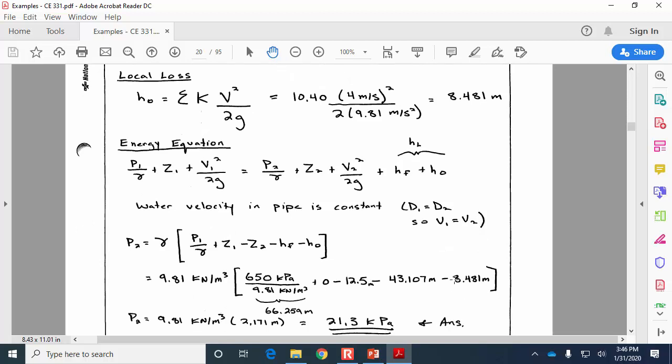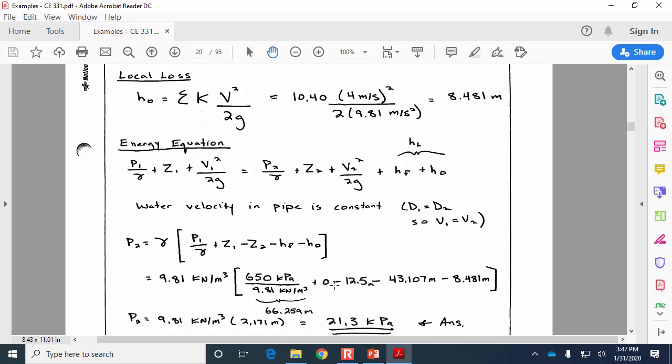And so if you think about, like, what is going to be the pressure at location 2? It's going to be related to the pressure that there was at 1. So this is how much you've got to start with. And so the pressure is going to be lower downstream because, number one, the elevation is higher. So since it's elevated downstream, that's going to reduce the pressure.